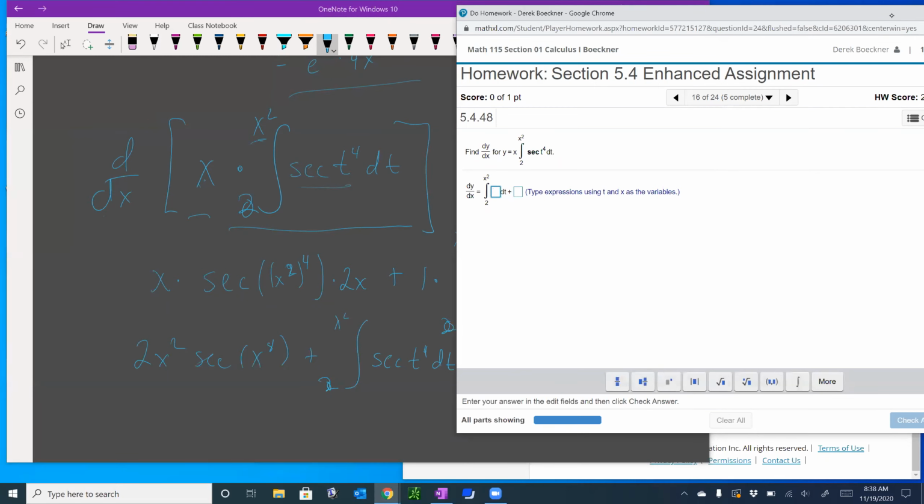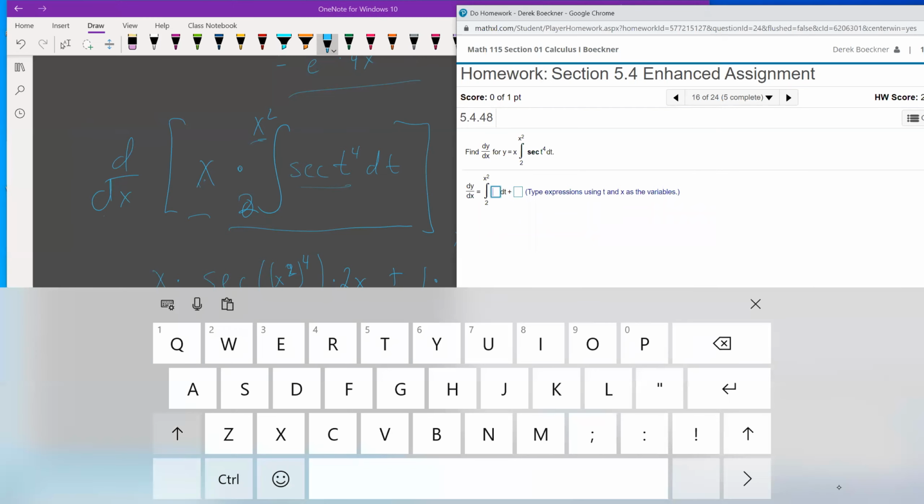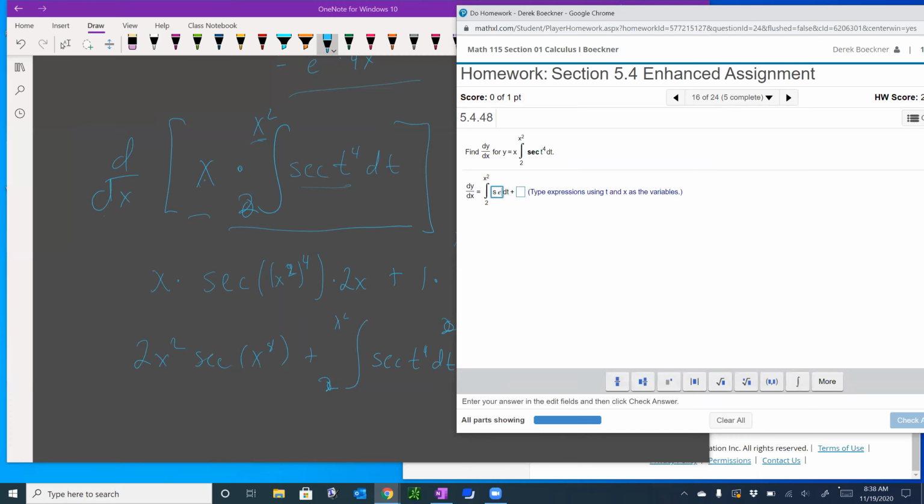So this goes secant of t to the fourth dt, and then here I've got 2x to the second secant of x to the 8th.